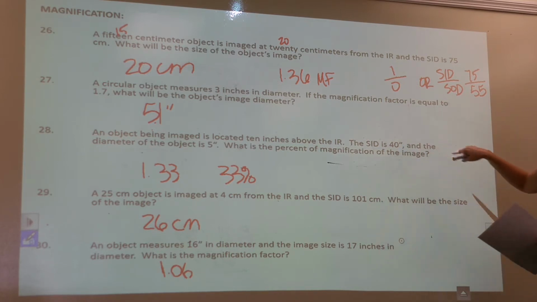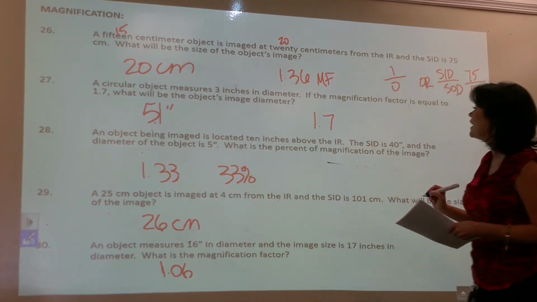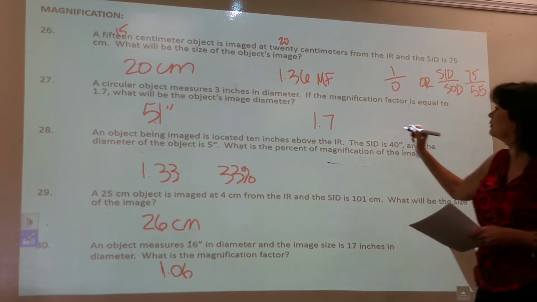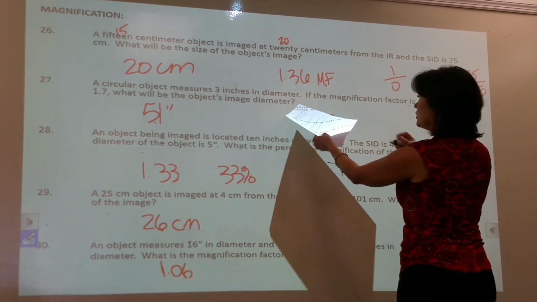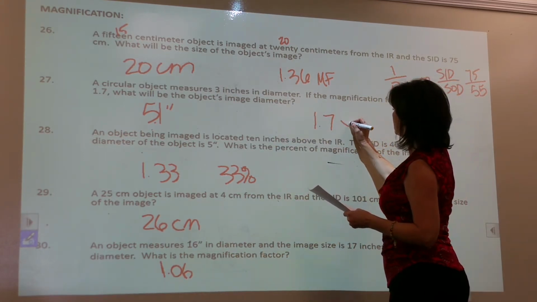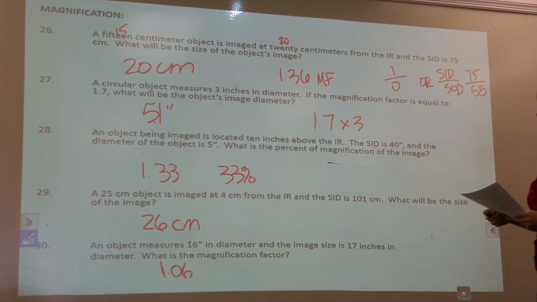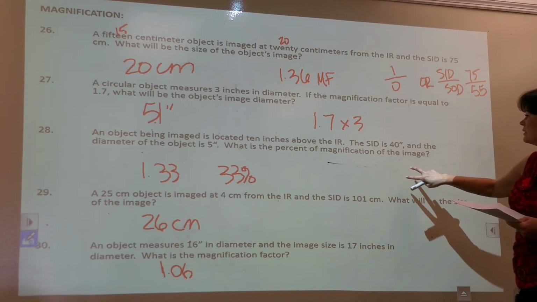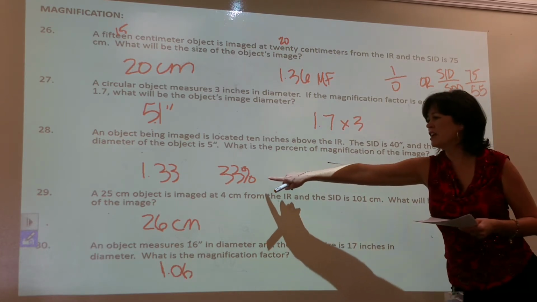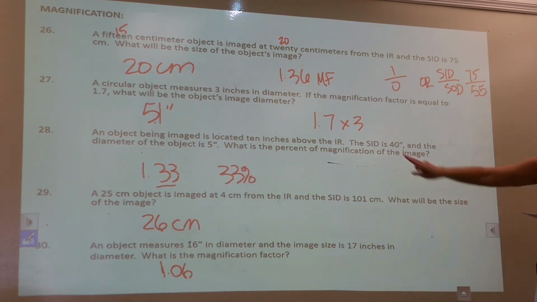So same thing here. Here it's a little bit different. I gave you the magnification factor, and you have to tell me, what would the image diameter be, 1.7 times 3 inches? 5.1. Okay. So I gave you the magnification factor there. And then here, same thing, find the magnification factor, and I ask for percentage, so anything that follows the decimal will be that percent.